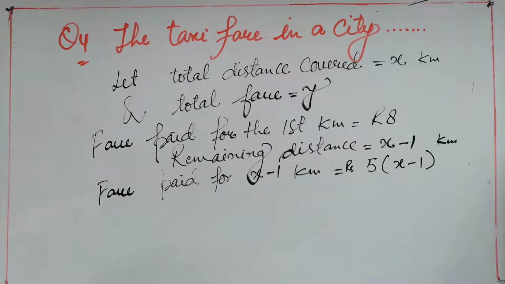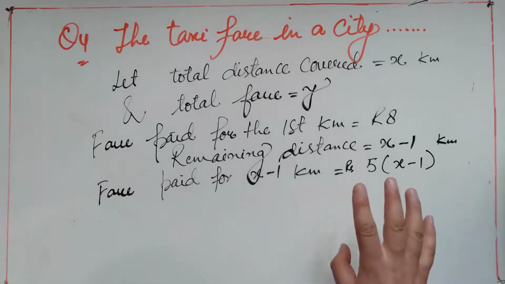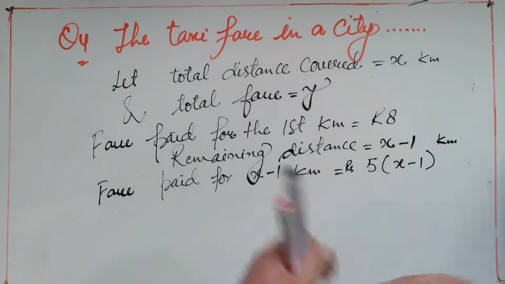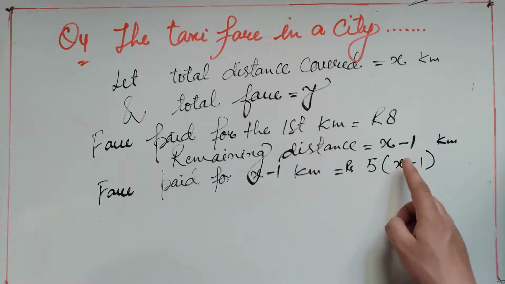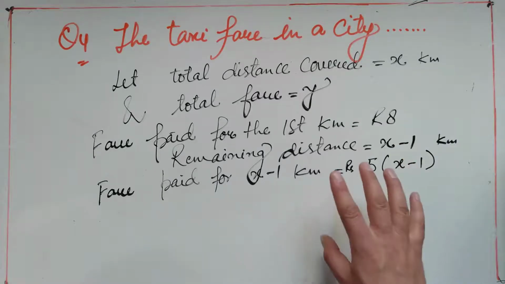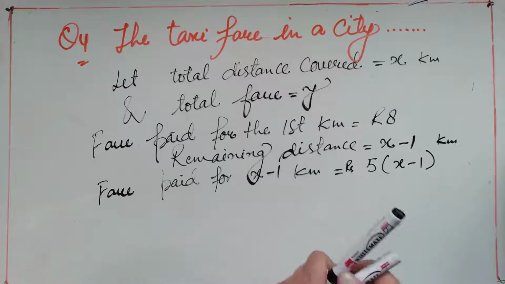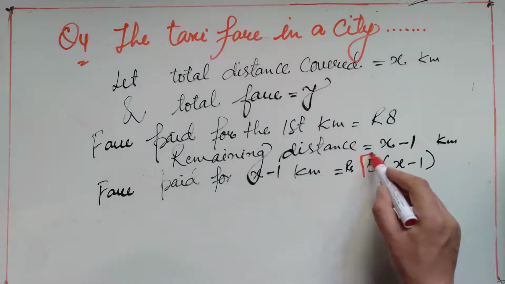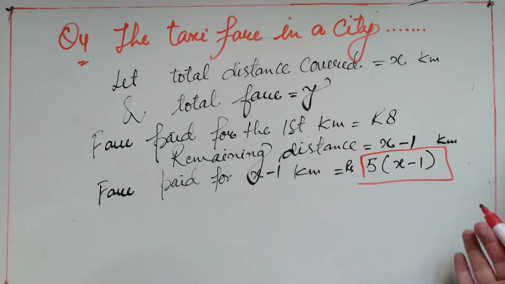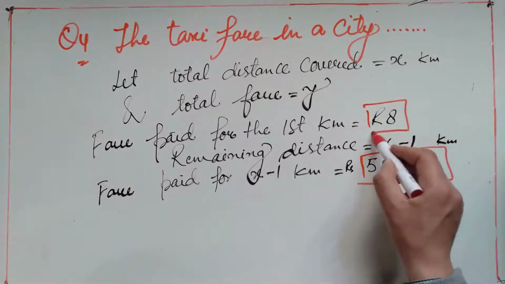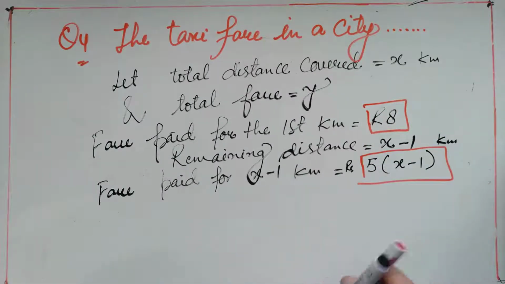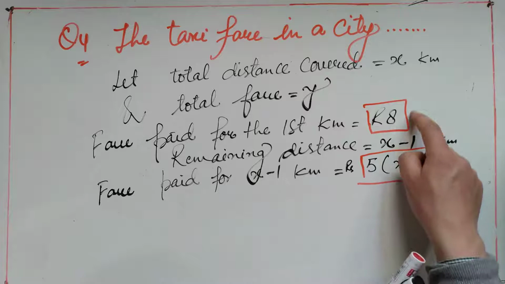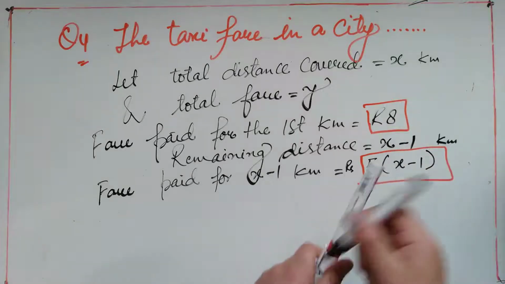So for the first kilometer you paid rupees 8 and for the remaining x minus 1 kilometers you paid rupees 5. So the total fare you paid is this amount. This is for the subsequent kilometers and this is for the first kilometer. So the total fare is this much plus rupees 8.